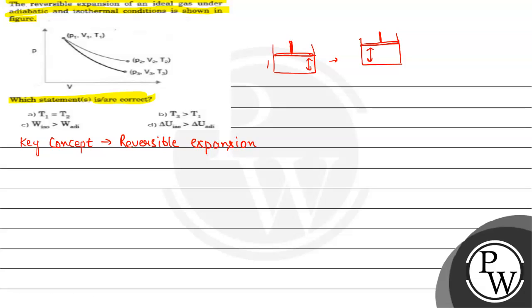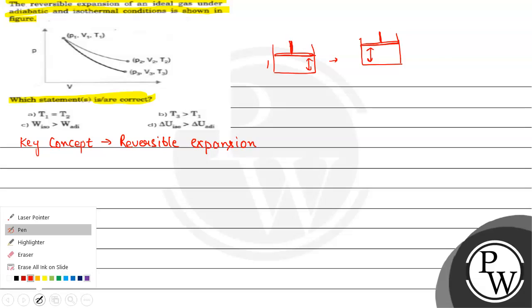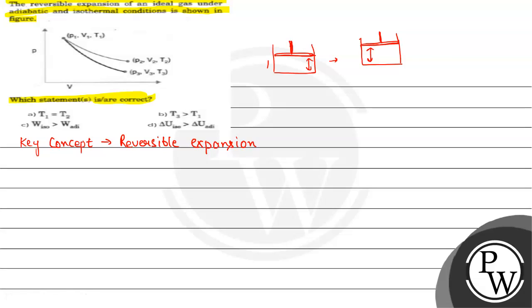So let us come to our question. They have provided us a graph of P and V, that is pressure and volume, and they have said that this is the graph for the isothermal and adiabatic condition.